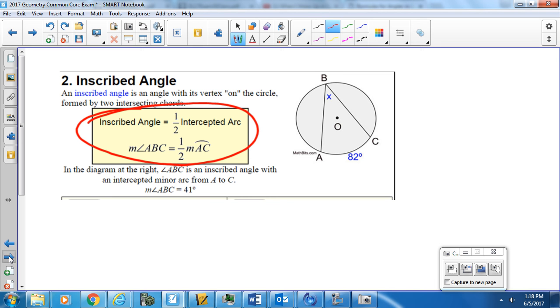Okay? So now in this example, we have this angle X here, which is inscribed, and the arc that it cuts is 82. And based on what I just circled here, this angle up here is half of the arc that it intercepts. So that's why they say the measure of the angle is 41.